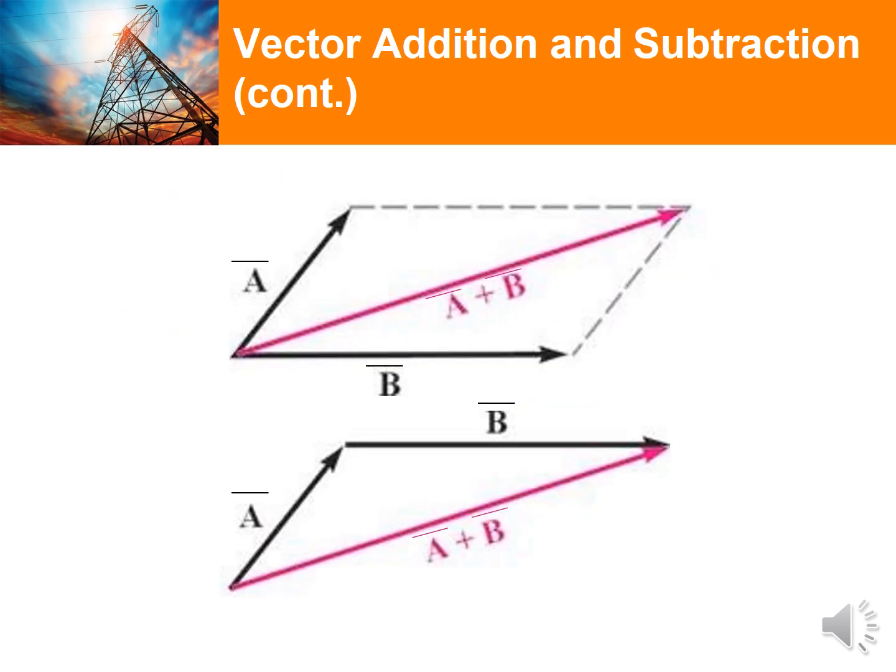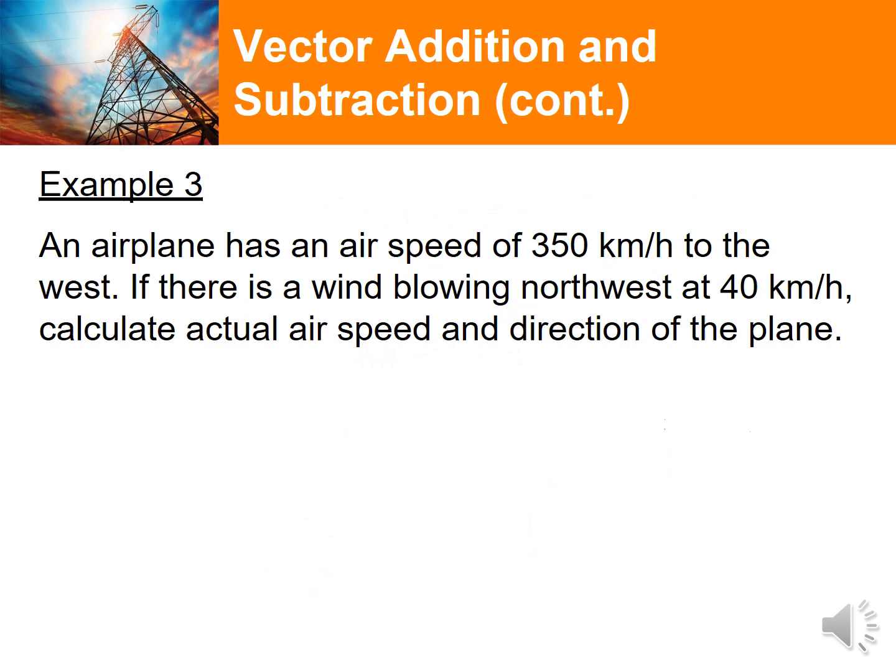It is a common practice to visualize addition and subtraction of vectors in order to fully understand the implication of the addition and subtraction process. Let's now look into an application of vectors for a given problem.